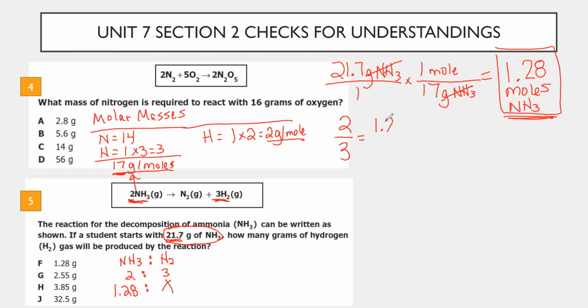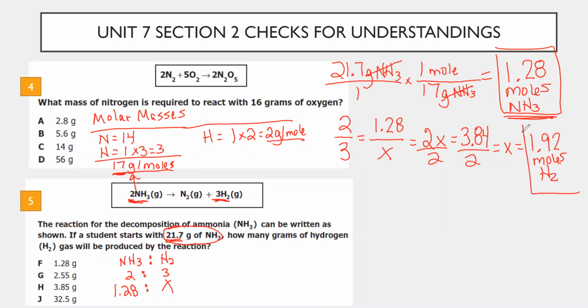And now we have 1.28 moles, and we're trying to figure out how many moles of hydrogen gas. 2x, and then 3 times 1.28 is going to give you 3.84. Solve for x, and X is equal to 1.92 moles of H2 gas. So that's how many moles you're going to get.